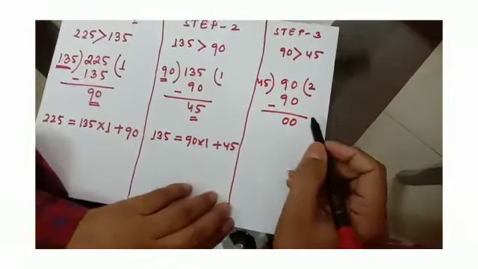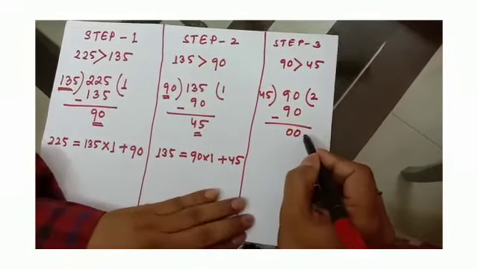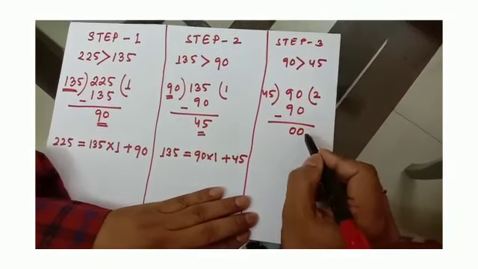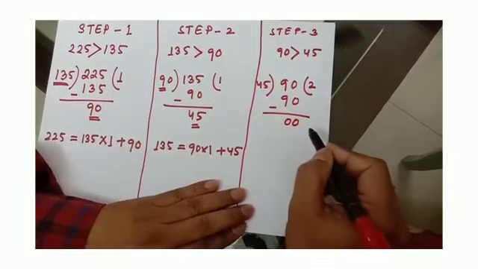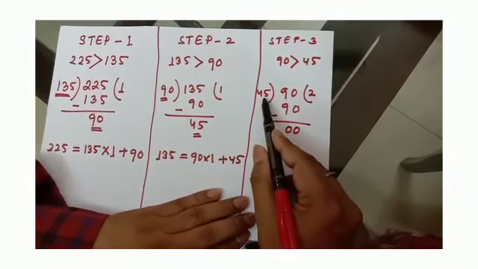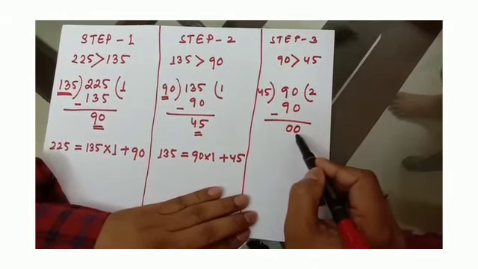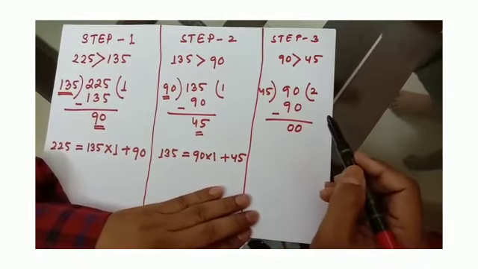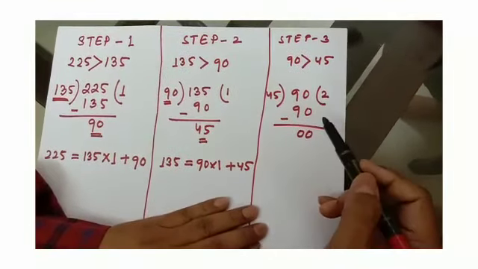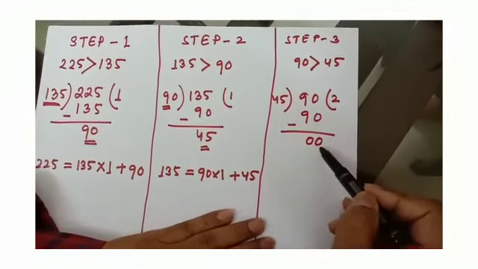Now you can see that in this step our remainder is 0. So the division is ended here. We cannot divide it further, because if I divide 45 by 0, then the quotient will be infinite. We cannot get an exact value when we divide 45 by 0.